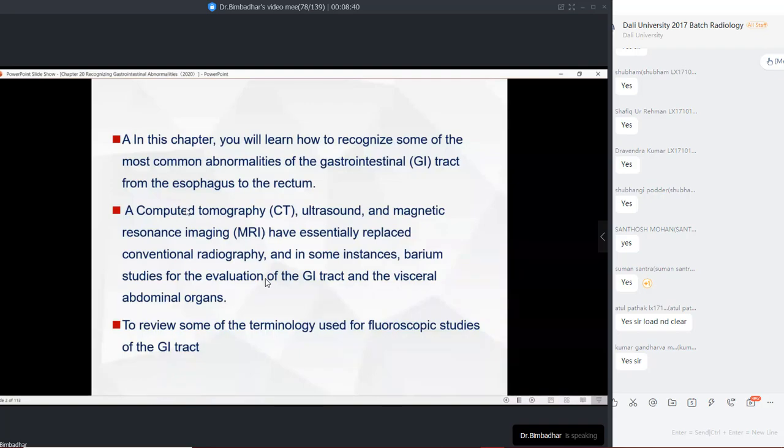In recent times, what we try to do is first analyze the patient with a basic investigation like a conventional X-ray, and then forward the patient to computed tomography or an MRI, depending upon the condition of the patient.